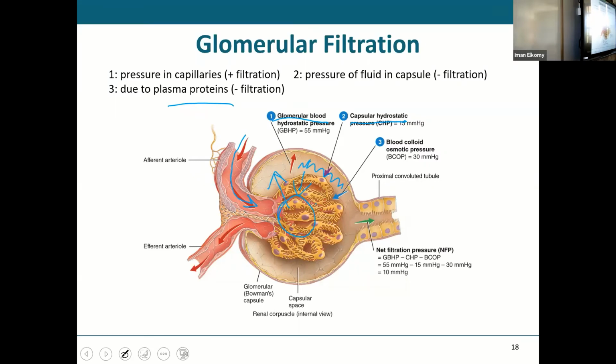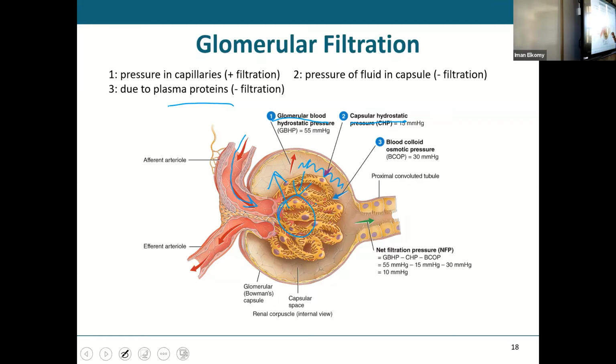Because we already learned in AMP1 that naturally things want to equalize osmotic pressure, right? If you have a high osmotic pressure on one side of the membrane with lower osmotic pressure on the other side, it is going to want to put that fluid onto that other side to equalize the pressure of both sides.